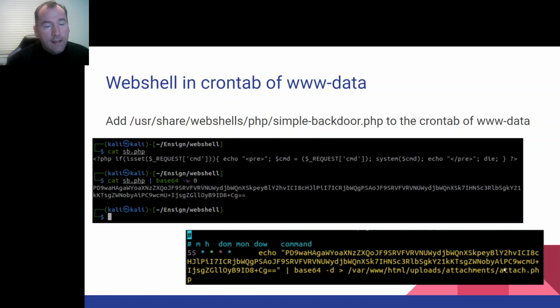So if the good guys, or the blue team, remove the web shell, then the red team has the ability to, every hour at the 55th minute, have this web shell added back, and they can regain access to the web server through a scheduled task on the www data user account. And those are the tasks that I would like you to execute for this part of the attack path.